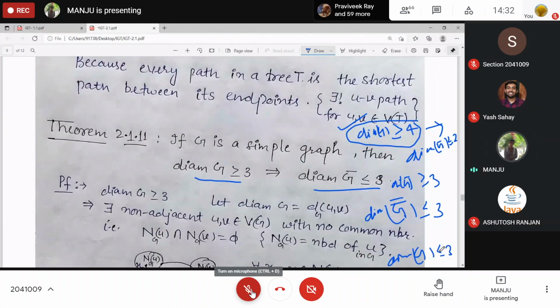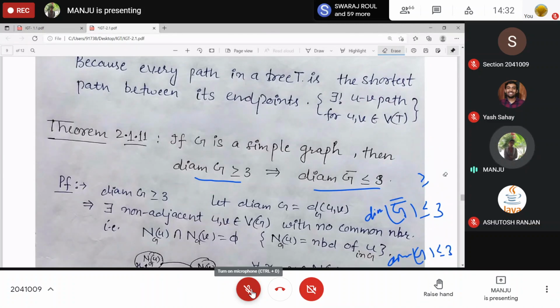That is a contradiction to the given, so we have to discard what we assumed, that it is not at most 2. So that's the end of 2.1.